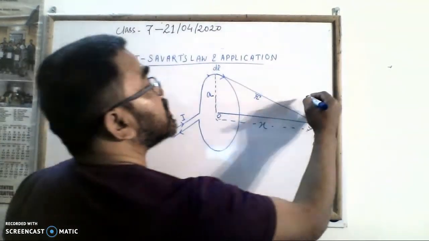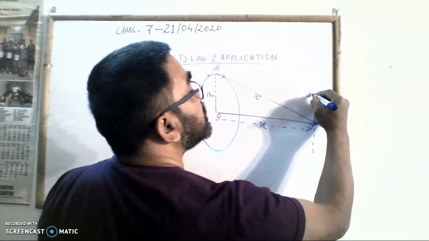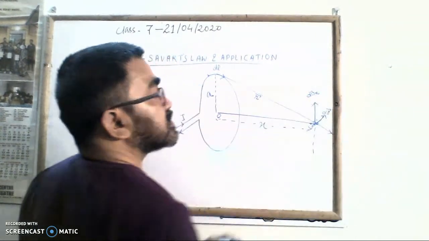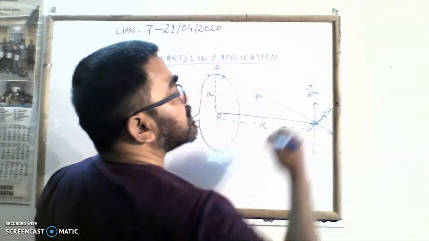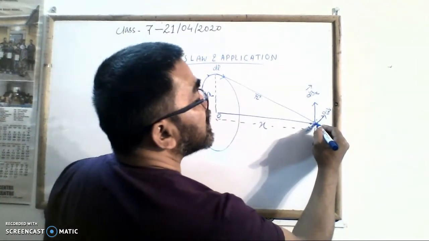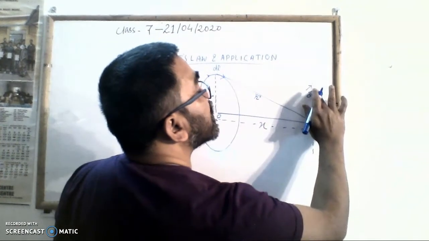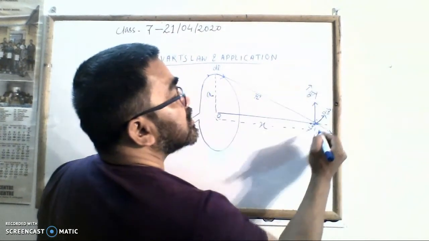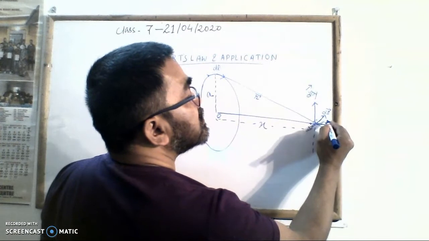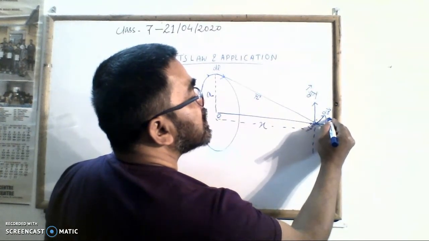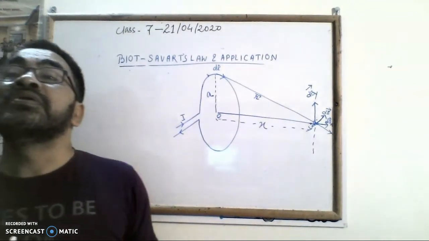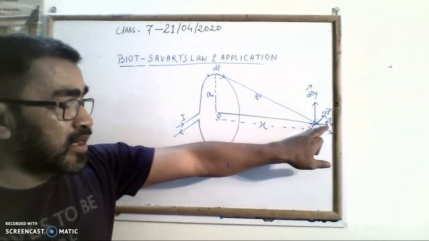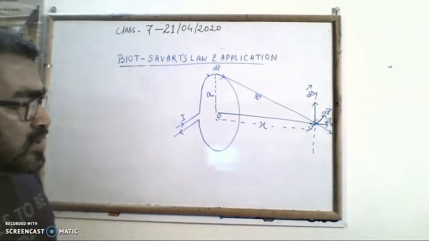Suppose that component is dBx. The other component is along the y direction, dBy. This is the y direction, suppose. This is dBx.